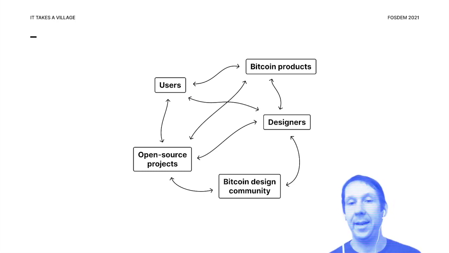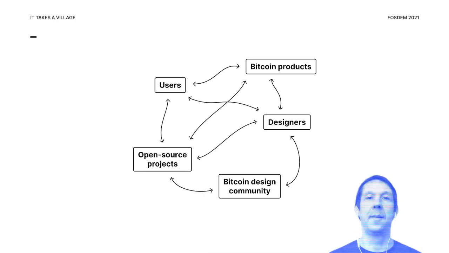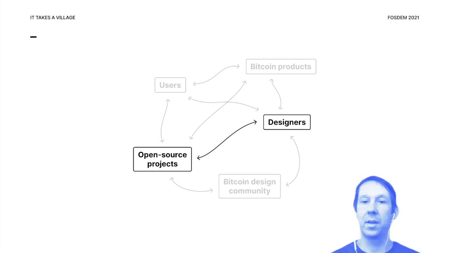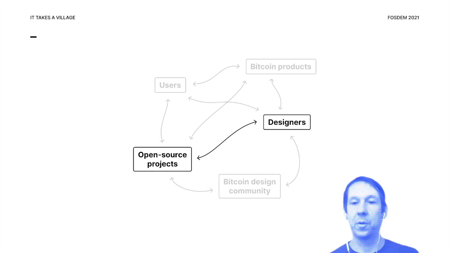Here's another way to look at it, and this is not a perfect representation here. We try to pick some of these relationships here, like the interactions between designers and open source projects. And designer is not equal to designer. Some designers, let's say they really love building out a brand or a visual style, and they're more interested in short-term collaborations, or they might be focused on one particular topic like onboarding or so.